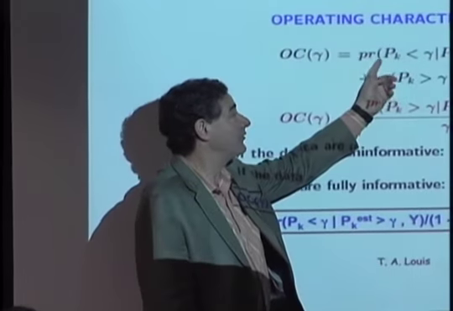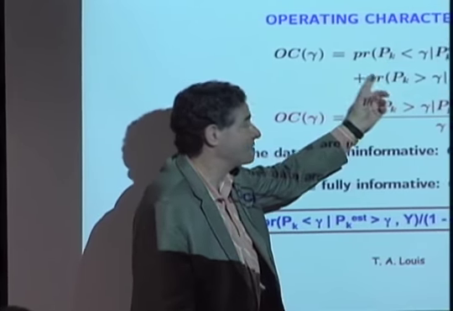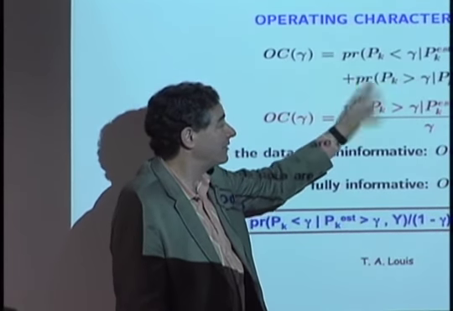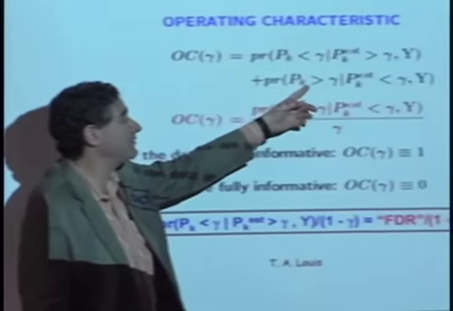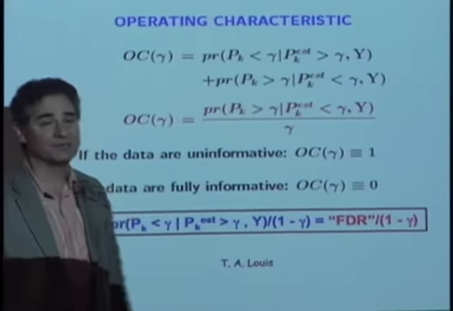And this is indeed a Bayesian FDR. And I'm going to add to it, and I'll tell you why in a second, the other side, which is the probability that you went the other way, that the truth is above and the estimate is below.